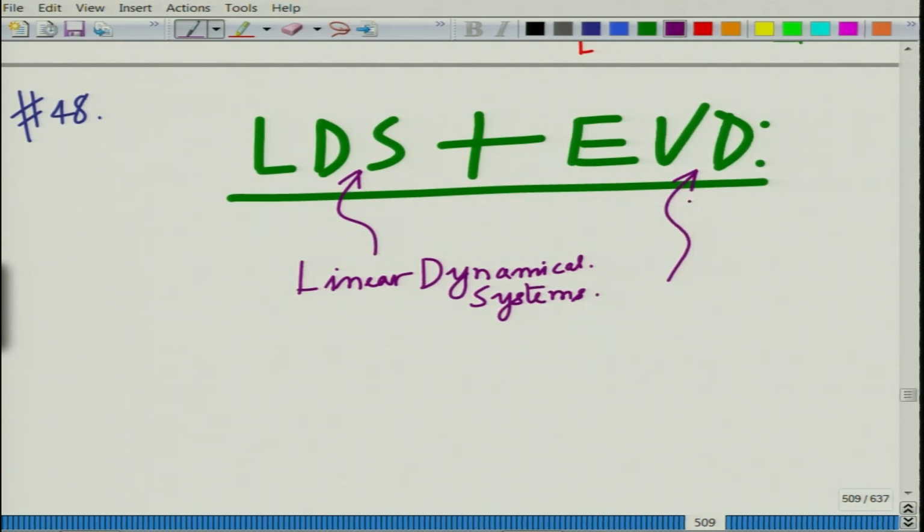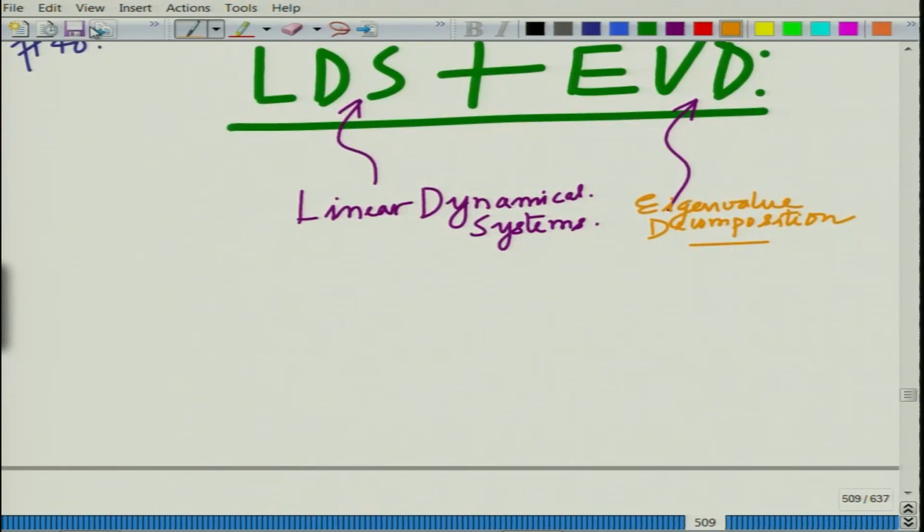And this is the EVD, which you must be well familiar with by now. This is the eigenvalue decomposition. Now, let us look at what happens.